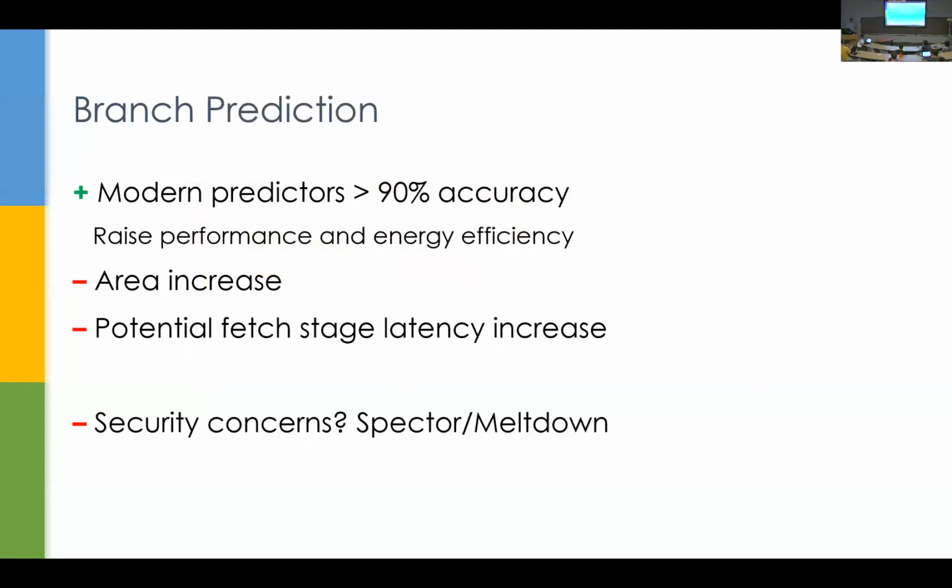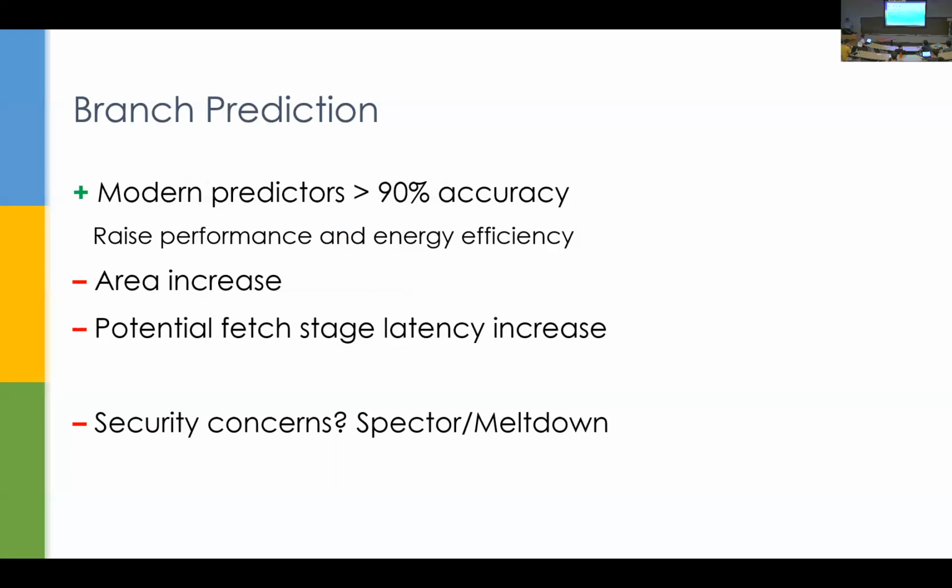Because the cost of being wrong is much smaller than the time saved by being correct n number of times without having to check if i is actually less than n. If i is indeed greater than n, it's going to go and fix it and throw away a bunch of data, like prefetching and stuff. But the reason CPUs are good is because they do this really well, with greater than 90% accuracy.